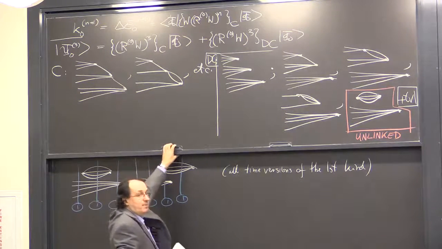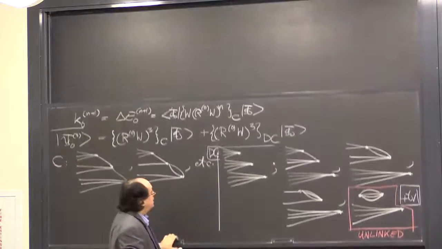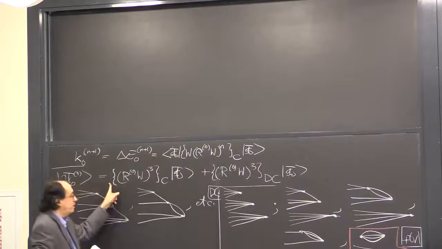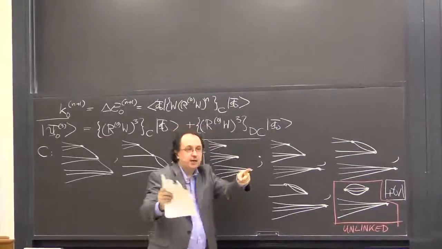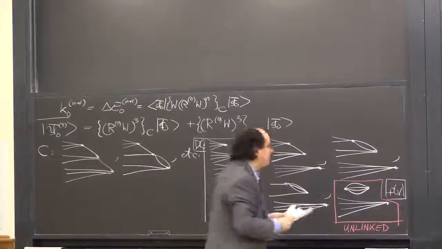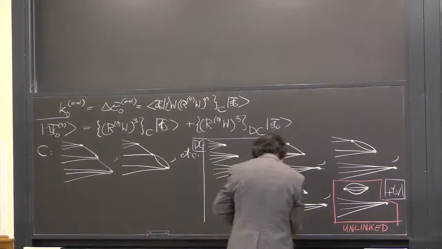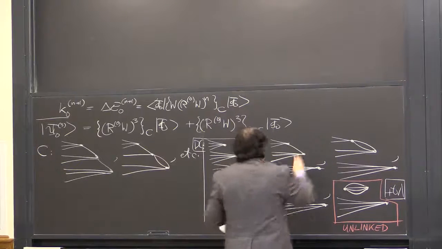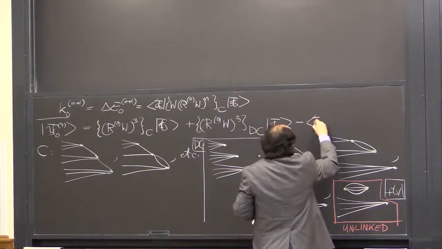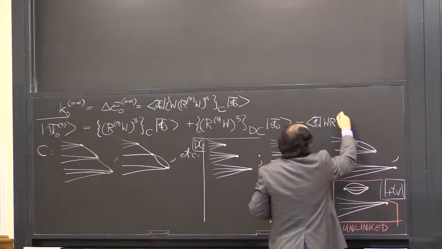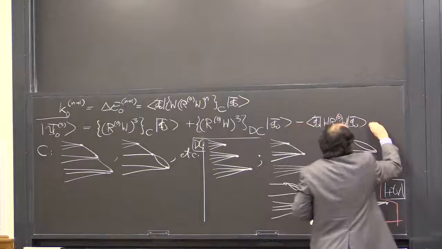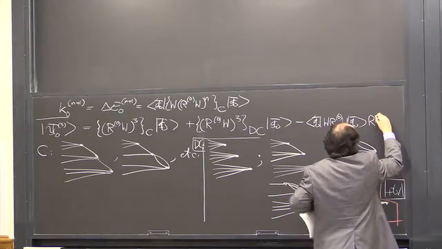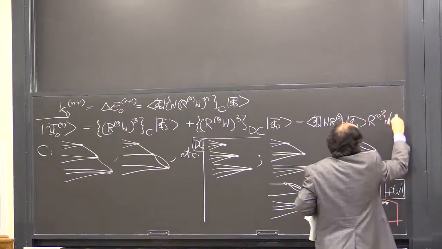Before I do this, I'll go back to the top blackboard. For the principal term, we identified connected and disconnected diagrams, but of course, there is also a renormalization term in this expression, which looks like phi 0 W R0 W phi 0, times R0 squared W phi 0, okay?